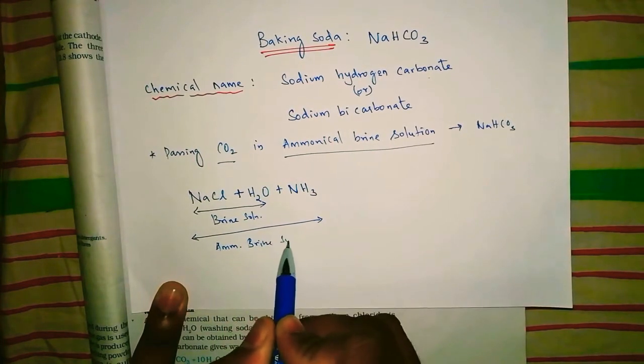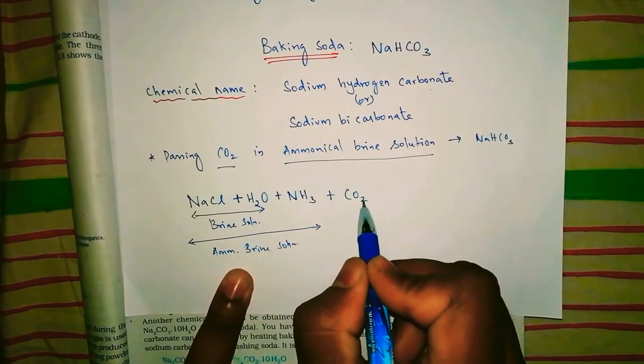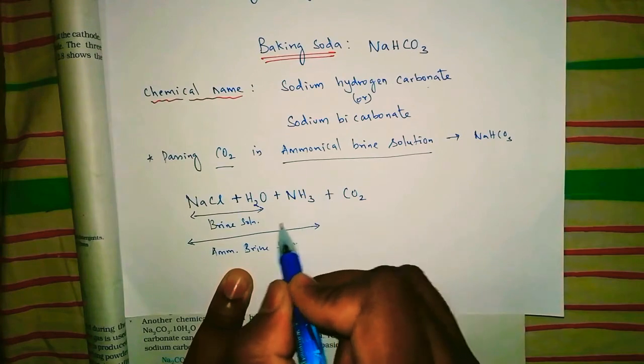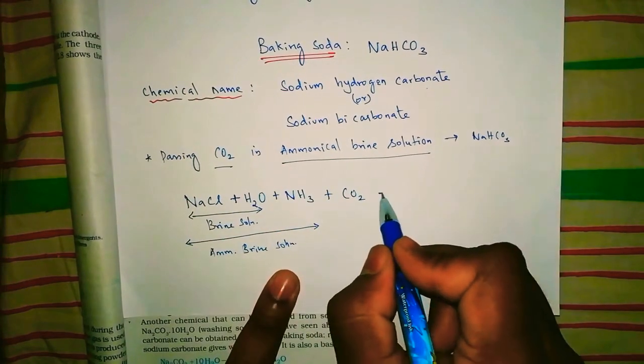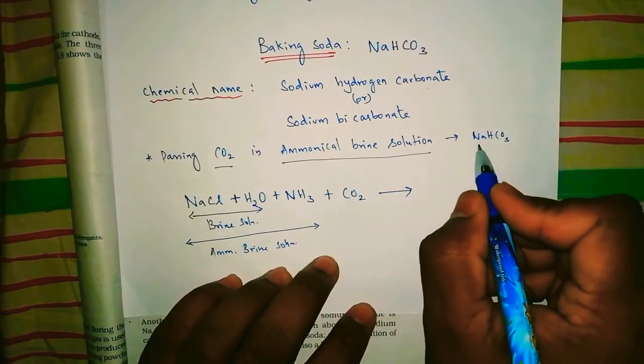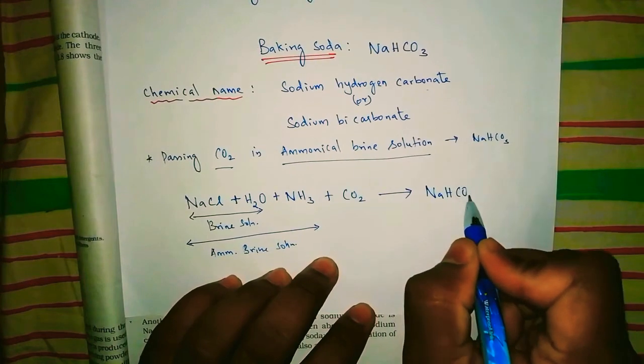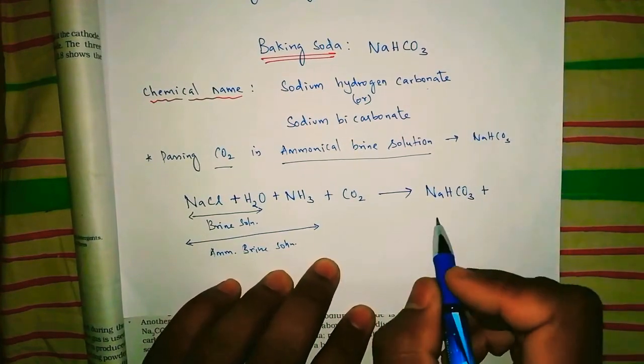Understand? So when we pass carbon dioxide in ammonical brine solution, we are going to get the main product, sodium hydrogen carbonate, NaHCO3. This is the main product. And what is the name of this?